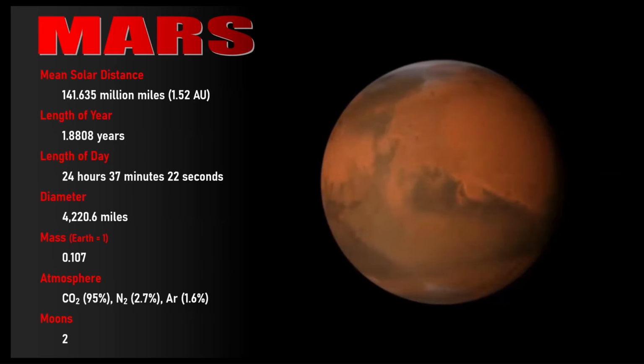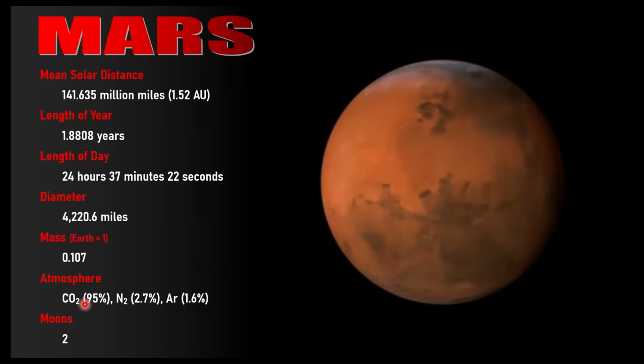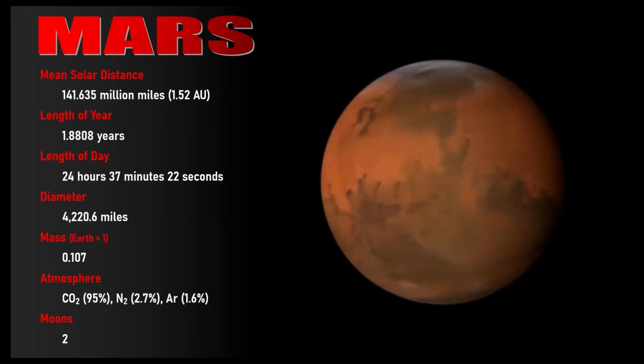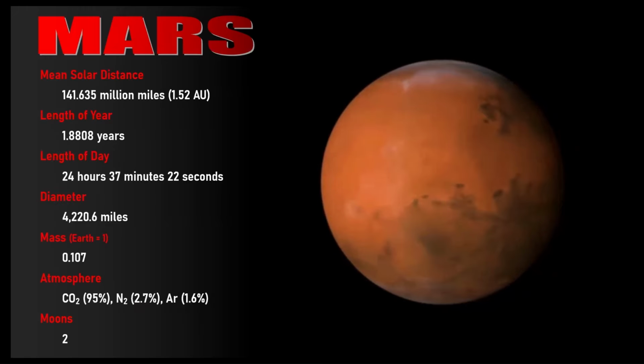And when you look at its atmosphere, roughly 95% carbon dioxide, 2.7% nitrogen, 1.6% argon. It does seem very much like Venus, right? With a large component of carbon dioxide in the atmosphere. But Mars's atmosphere is less than 1% of Earth's.